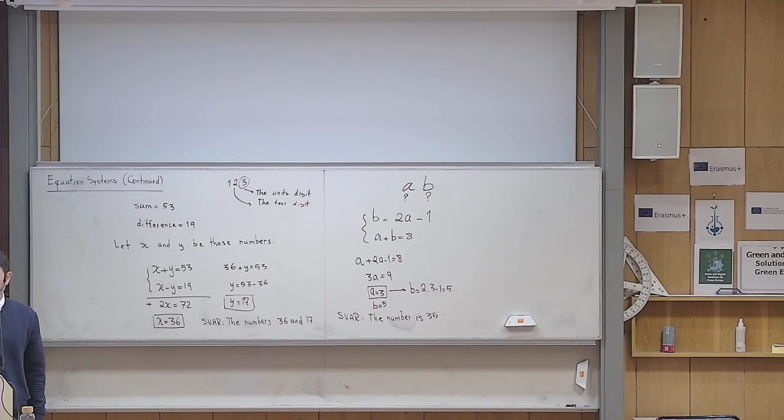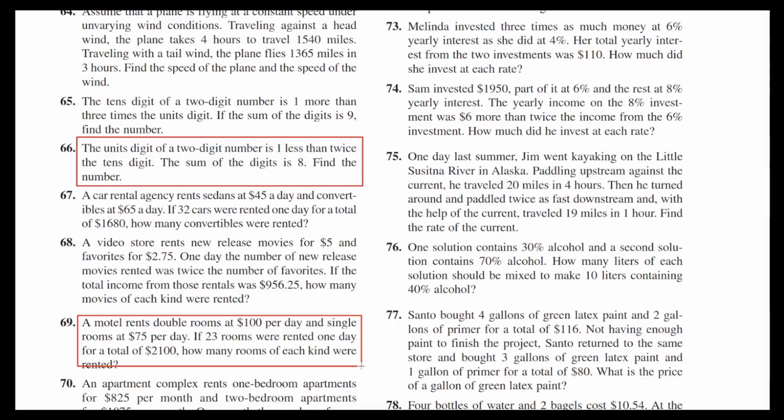Okay, so let us solve another one so that you get a feeling what is going on. For example, let us see what is coming next. Let us solve this problem, for example. Let us read it.